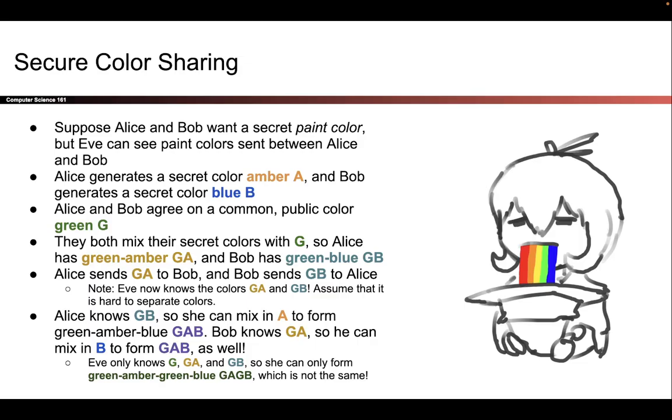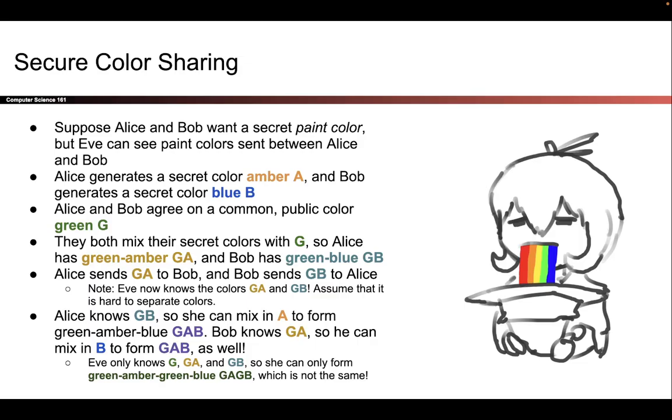Now, because each side has their own secret and the disguised version of the other side's secret, they are ready to combine them to form the overall shared secret. Alice has received GB, a disguised version of Bob's secret. If she mixes in her own secret, which is A, the result is green, amber, blue, GAB.